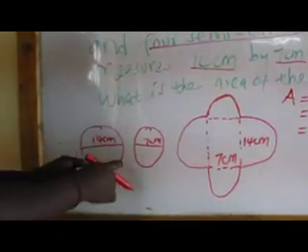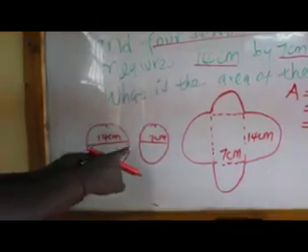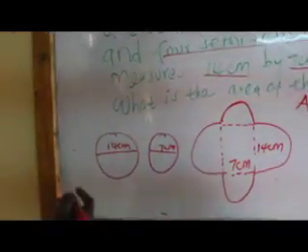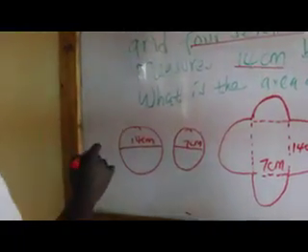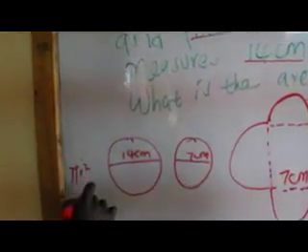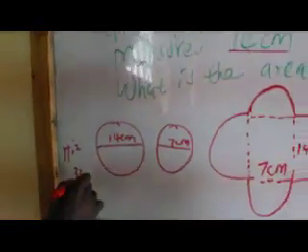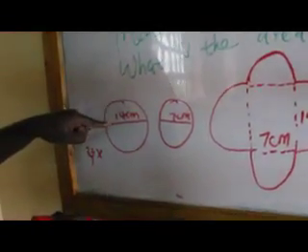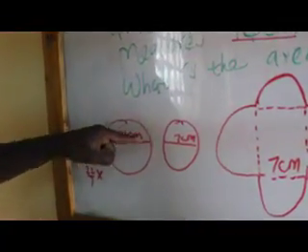So these are the 4, we have joined them, they have formed circles. We need to get the area of these semicircles which we have joined to form circles. Let's start with the first one. How do we get the area of a circle? The formula is pi r squared. We are told to take pi as 22 over 7. 22 over 7 times, what is the half of this one? This is the diameter. The diameter is 14. So the radius is going to be 14 divided by 2, which is 7.